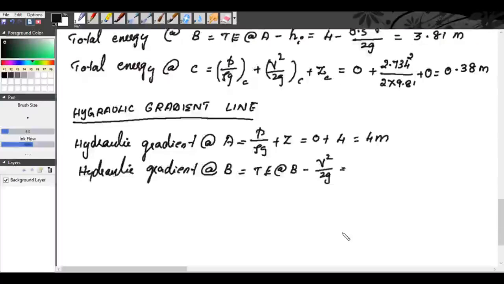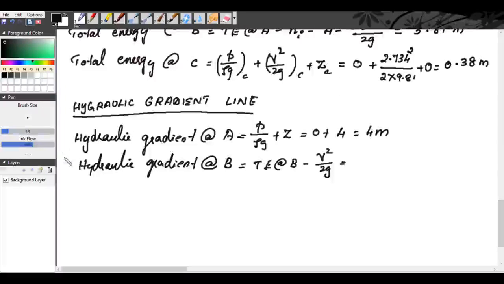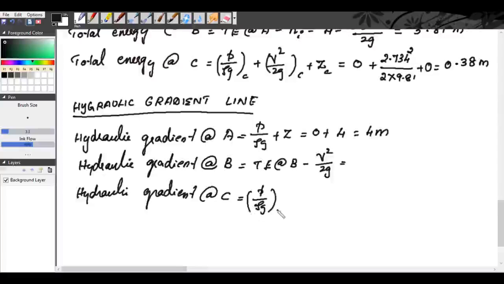Now, hydraulic gradient at C will be equal to P by rho G at C plus ZC. So that will be equal to 0.